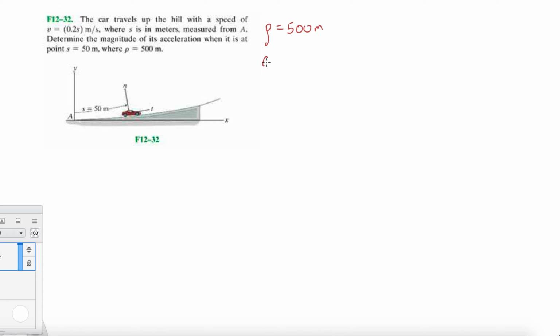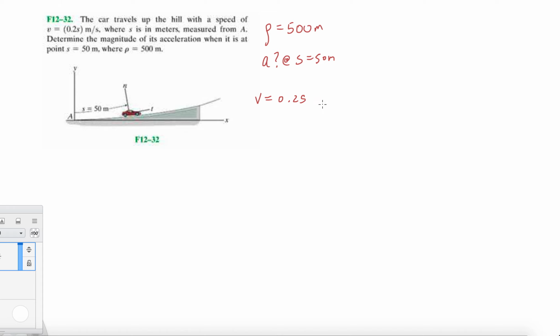So what is A at S equals 50 meters? Then they give us the velocity as a function of S, so again, a velocity with respect to some distance.